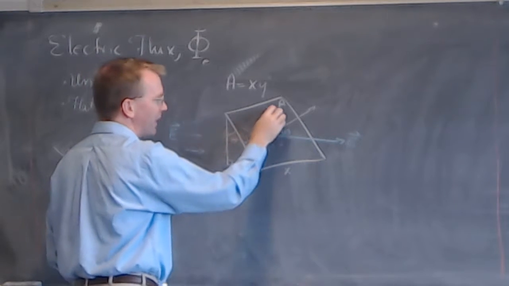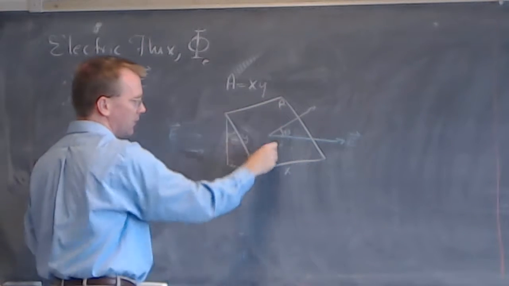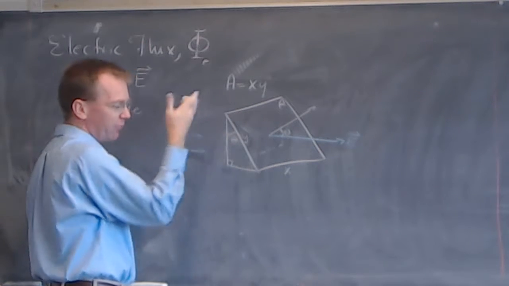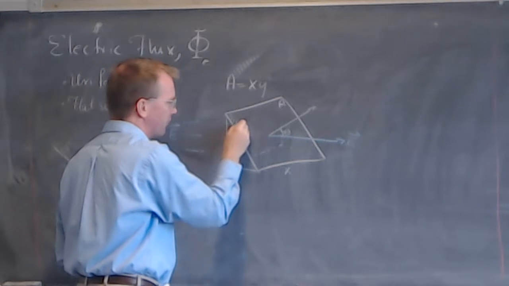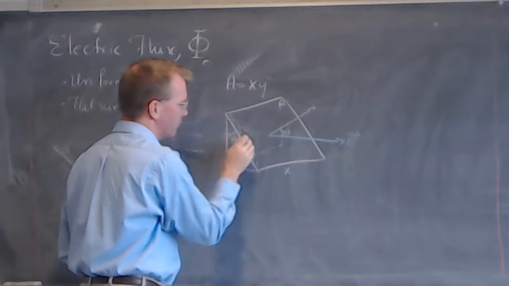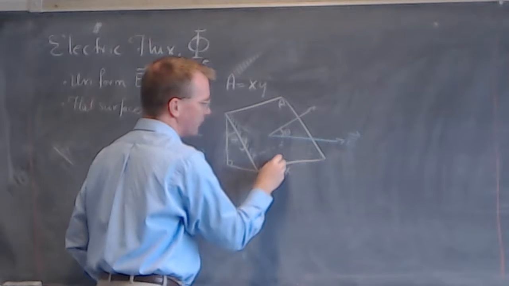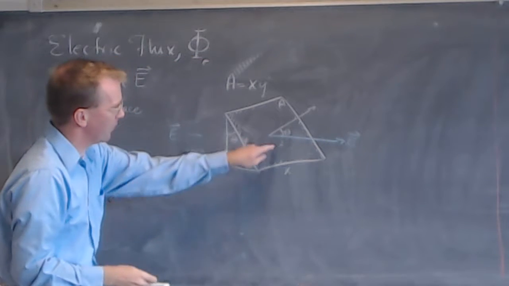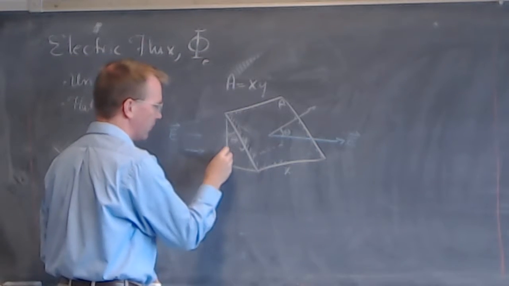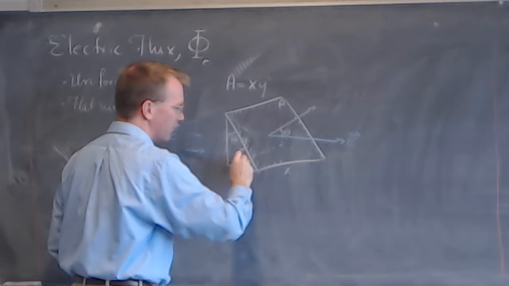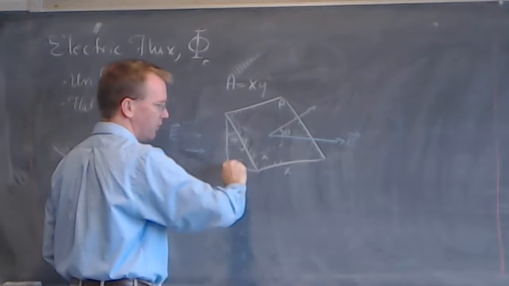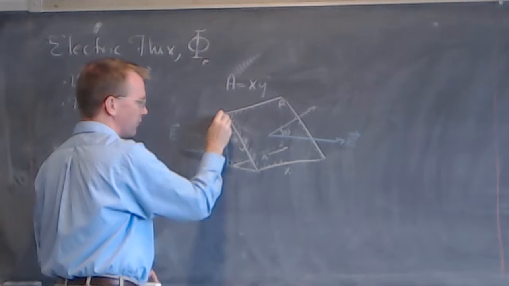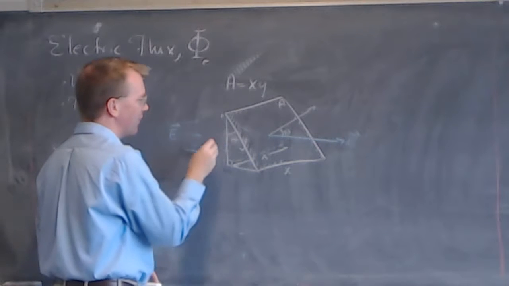I want to find out what's the area of this vertically hanging rectangle, when the rectangle that's my real surface is now at an angle theta from vertical. Okay, so what's that rectangle there? What is its area? Well, it's going to have a length of x there, from here to here, but the height is going to be y cosine theta.